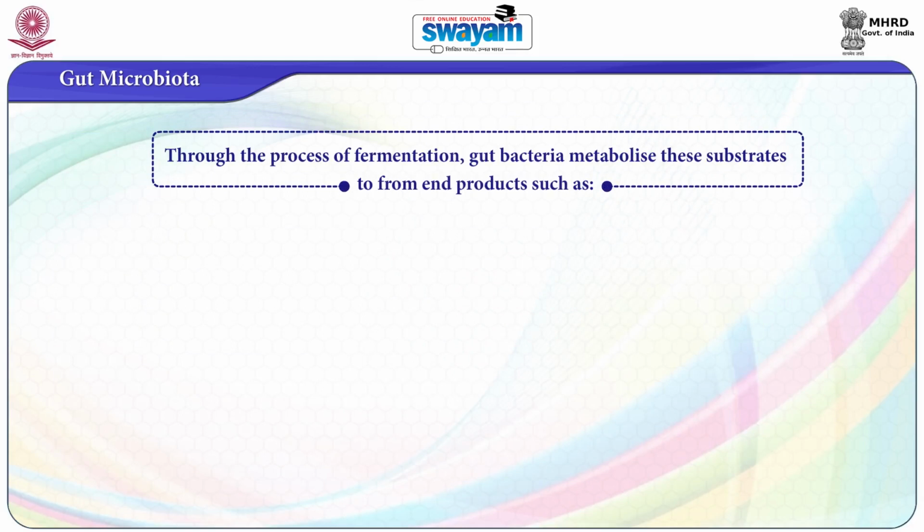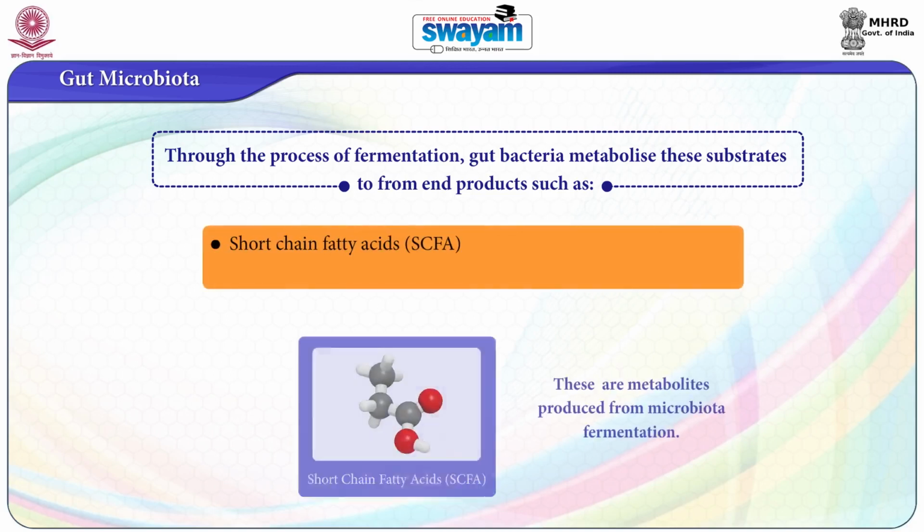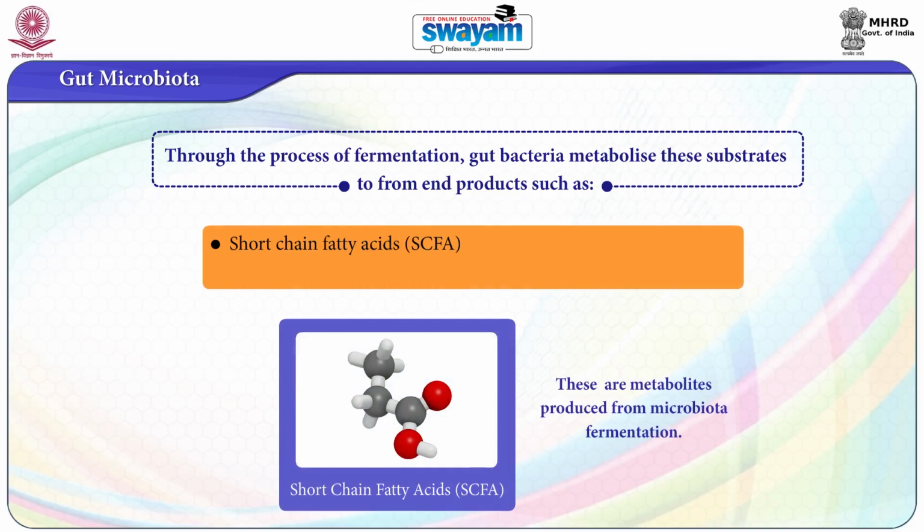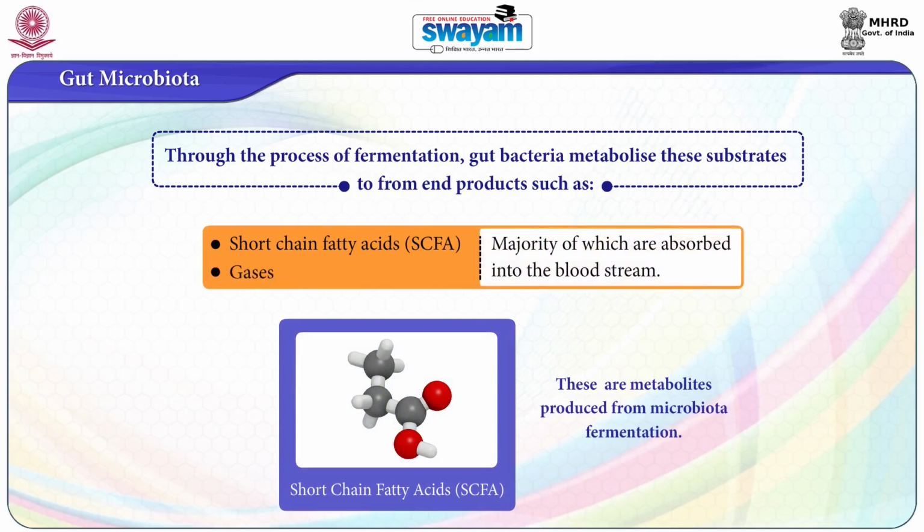Through the process of fermentation, gut bacteria metabolize these substrates to form end products such as short chain fatty acids, SCFA, and gases, the majority of which are absorbed into the bloodstream.